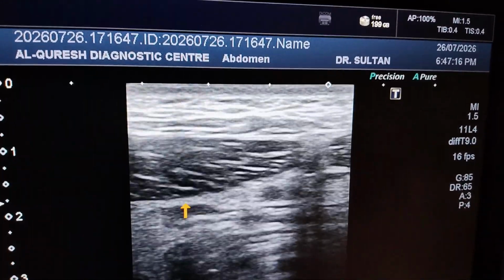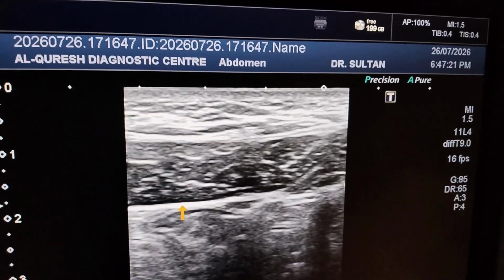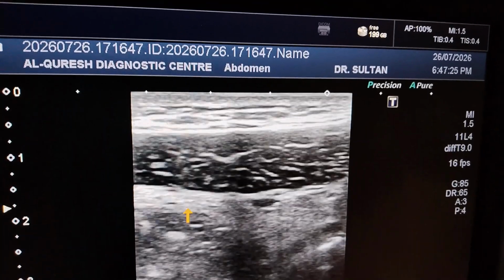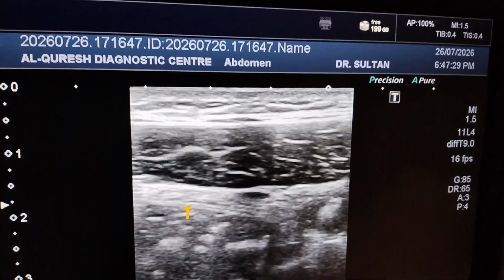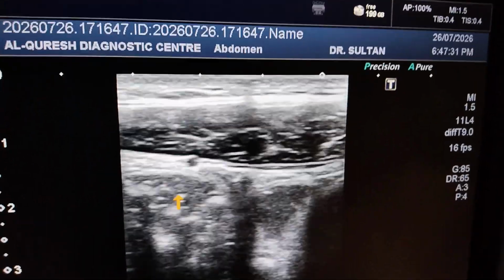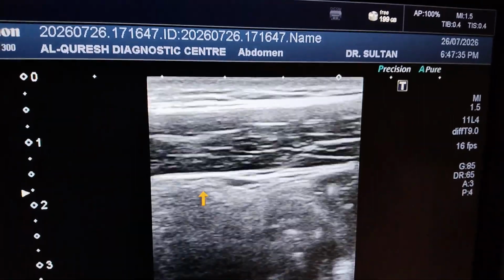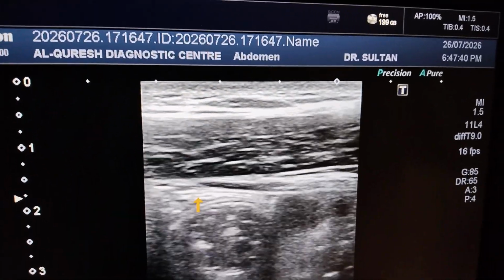This congenital anomaly may remain symptomless. It may produce symptoms at any time during life, but if it is symptomless, it doesn't mean that it is not congenital.